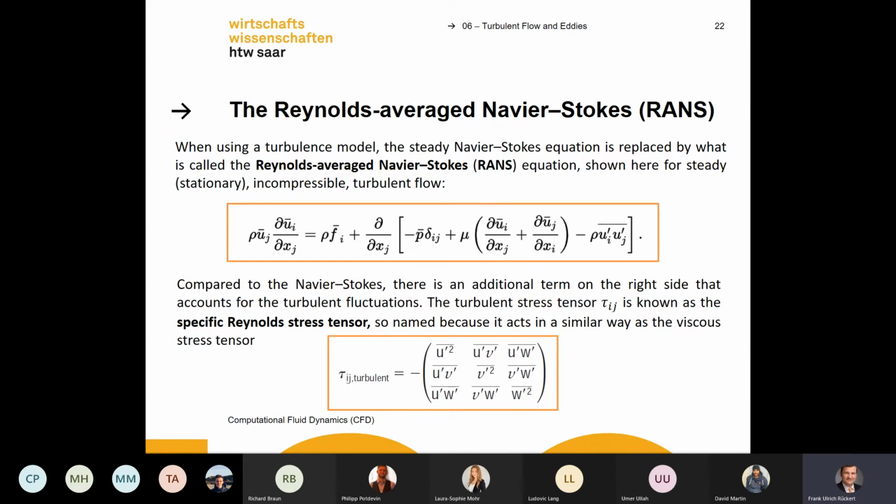They are more or less momentum equations where you describe the momentum balance of the fluid. And the so-called Reynolds averaged Navier-Stokes equations also include a description of turbulence.